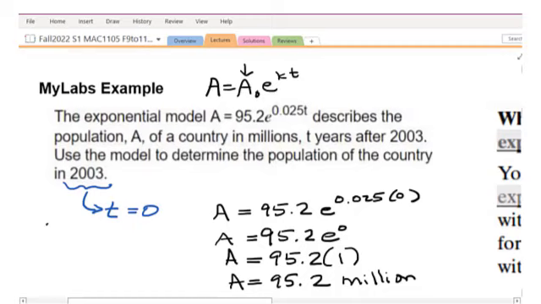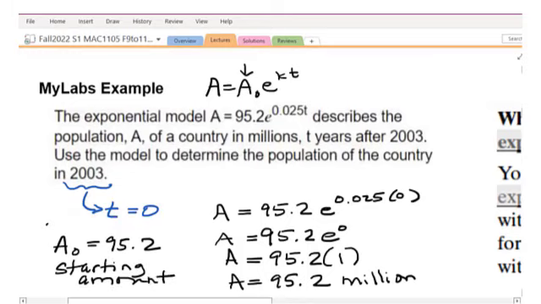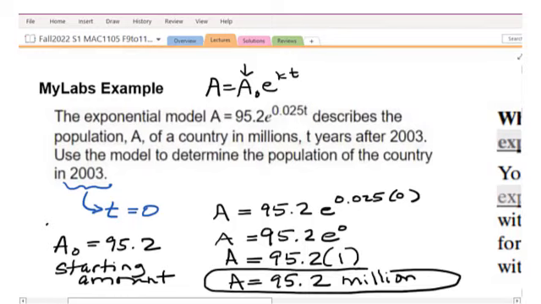If you recognize that it fits the pattern and that A sub 0 is 95.2, you know that's the starting amount. But if you forget and plug in 0, you'll still get the same thing. Okay? Any questions about that one? All right. So there's that.